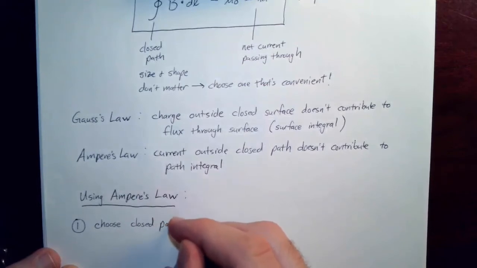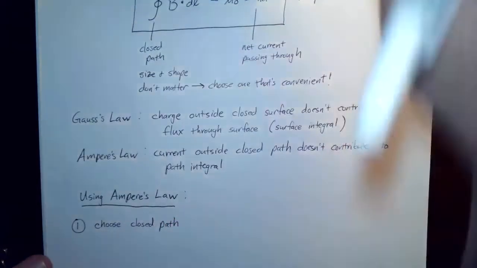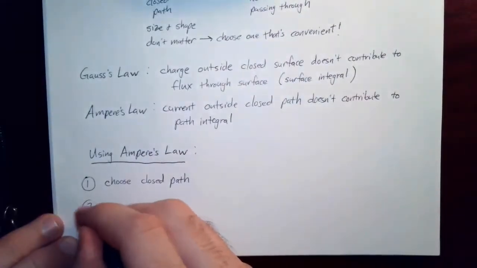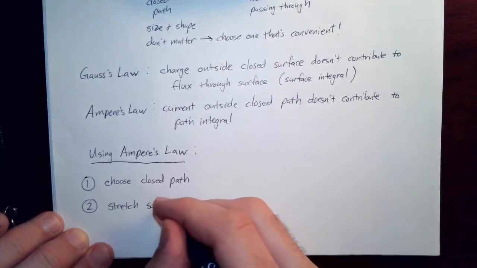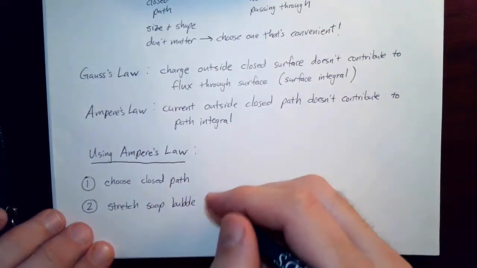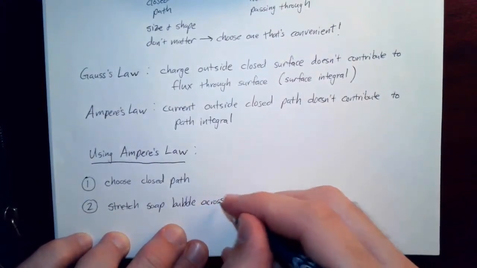Again, you might as well choose one that's convenient, and I'll give you a couple of examples of that. Step two, as your book describes it, is to stretch a soap bubble across the path.